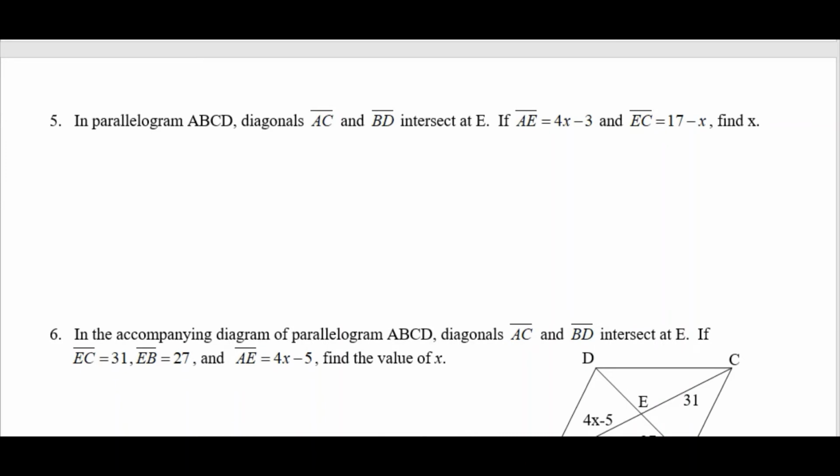All right, so remember, we know that the diagonals bisect each other. Now, key thing here is that if we label this, once again, A, B, C, and D, okay, when AC and BD cross, and they meet at E, that these are not equal to each other.